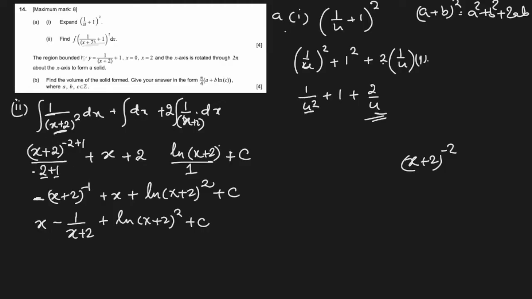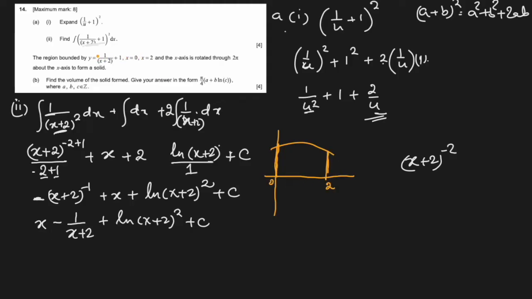The region bound by y equal to 1 over (x plus 2) plus 1, x equal to 0 and x equal to 2. Let me try to visualize this. Suppose this is the graph. I'm not saying this is the right graph, but just suppose. So x equal to 0 is here, x equal to 2 is here.